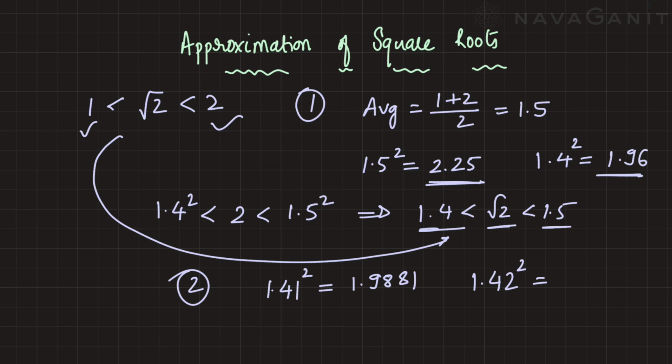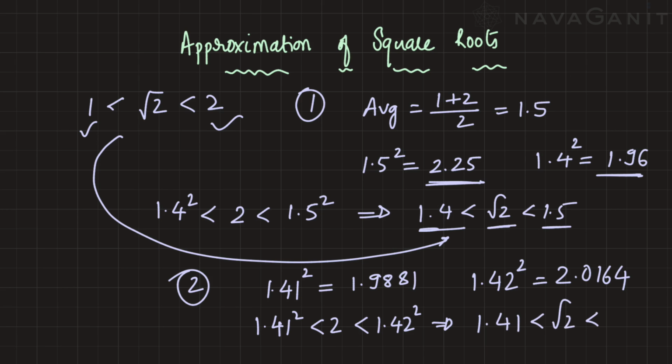This would be 2.0164, which is greater than 2. So 1.41 squared is less than 2, less than 1.42 squared, which means that 1.41 is lesser than square root of 2, lesser than 1.42. Now I'm able to get a bit closer to the actual value, and now I can say that square root of 2 lies between 1.41 and 1.42.